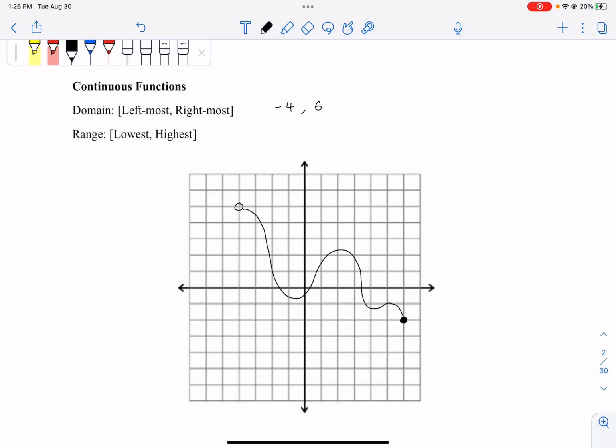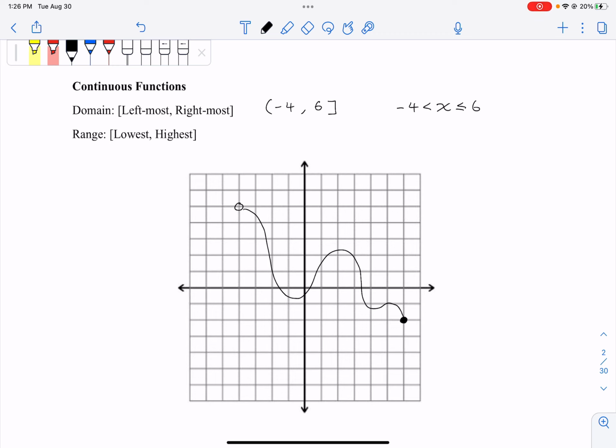On the left, I have an exclusion bracket, and on my right, I have an inclusion bracket because it doesn't hit -4, however, it does hit 6. You can write it like this, or you can write -4 is less than x, but less than or equal to 6, because once again, it does not hit -4, and it does hit 6.